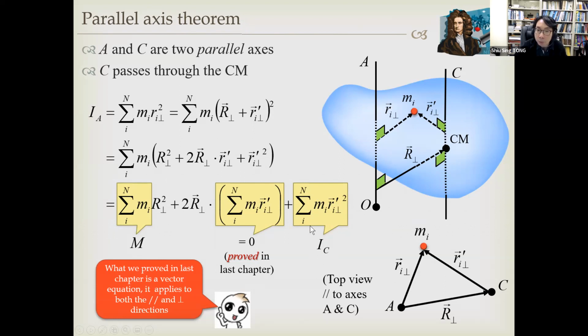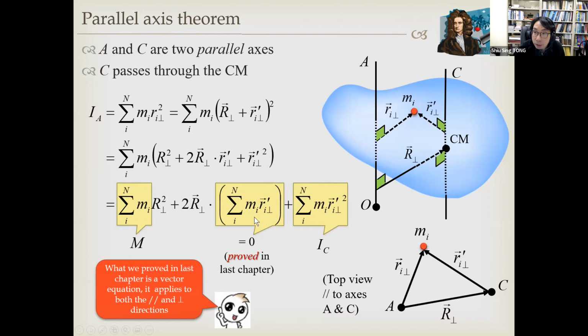So essentially, I got the result. But still, I have to prove that the summation of the middle term, the dot product term, is equal to 0. Now, how do I do this? Because I know that capital R perpendicular is a constant, it can be taken out of the summation. So the summation goes with the Mi Ri perpendicular prime.